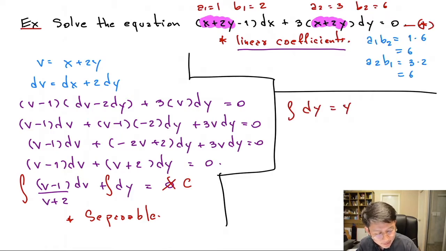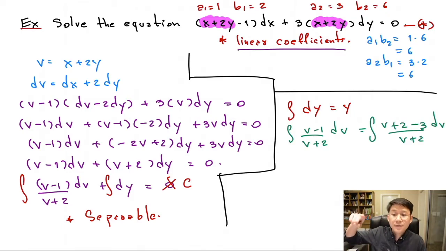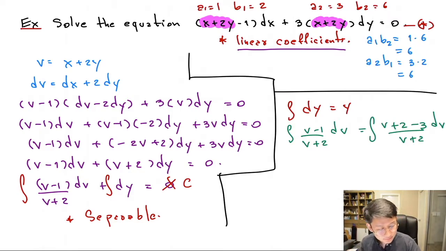And then we want to find the integral of (v minus 1) divided by (v plus 2) dv, which is the integral of (v plus 2 minus 3) dv divided by (v plus 2). Makes sense? Because v plus 2 minus 3 is v minus 1, because 2 minus 3 is actually minus 1.